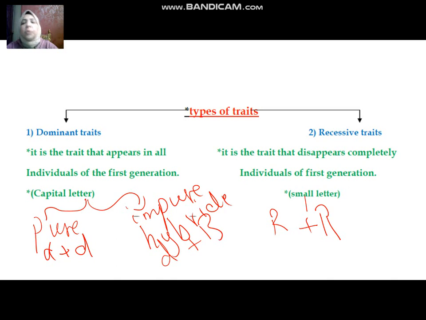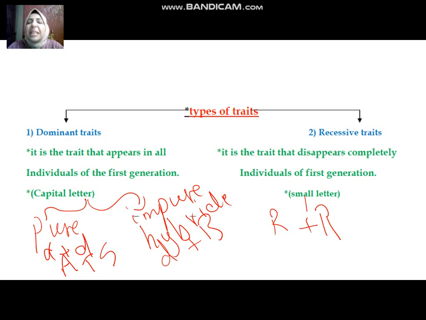Okay, take note. Genes are expressed by letters. I mean, to express any gene, we write it by a letter. If we write a capital letter, like A capital, T capital, S capital, any capital letter, it represents a dominant gene.